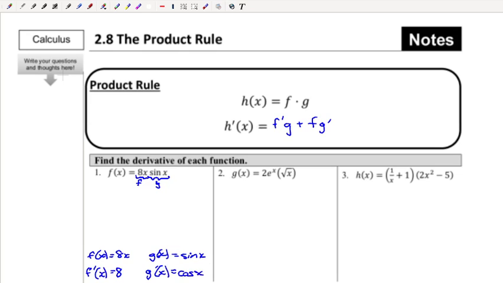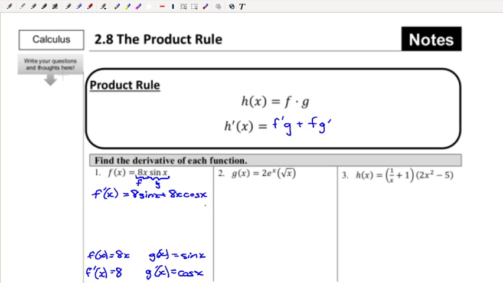So then in order to get this f prime g plus f g prime, I've got f prime. In this case my function was called f, sorry, that's a little confusing, but f prime in this case is equal to 8. G, again, that's my second function not changed, so that's just sine x, plus the first function 8x unchanged times g prime, which was cosine x.